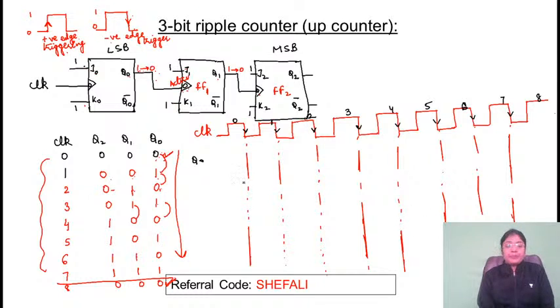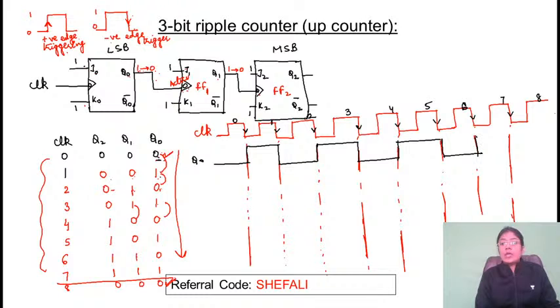So when it's going from 0 to 1, after applying the first clock, जैसे आपके पास first clock आती है, पहले आपके पास what is the value of Q naught? That is 0. Then it is changing its value. In the next clock, it is 1. For clock 1, it is 1. For clock 2, it is 0. For clock 3, it is 1. For clock 4, it is 0. For clock 5, it is 1. For clock 6, it is 0.